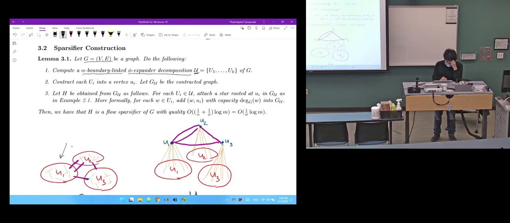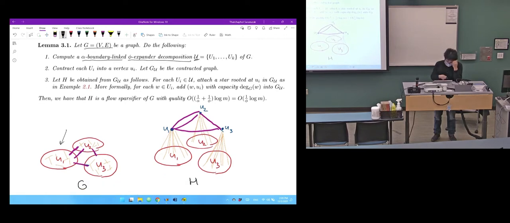Now suppose that we contract each part ui into a vertex ui, and call this contracted graph GU. So this part is GU.